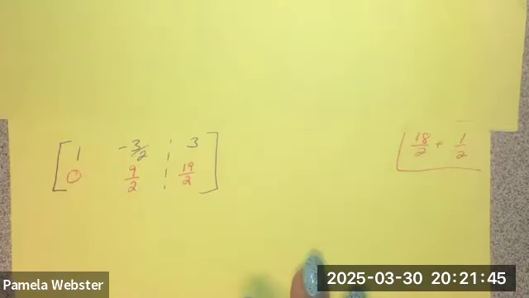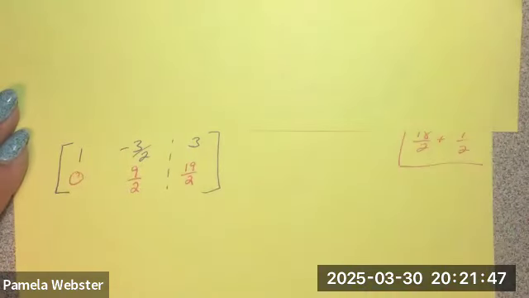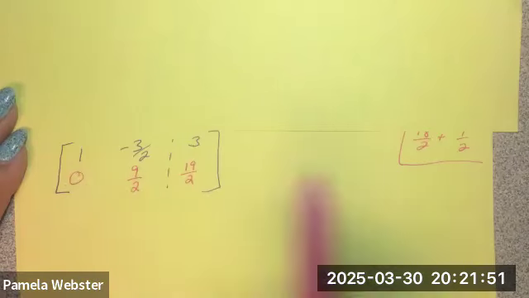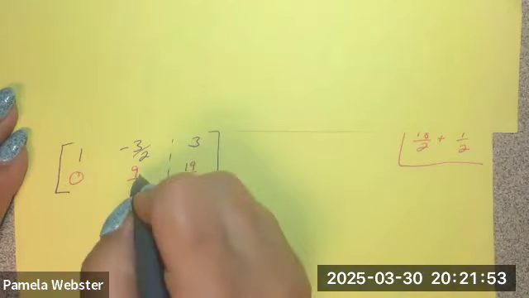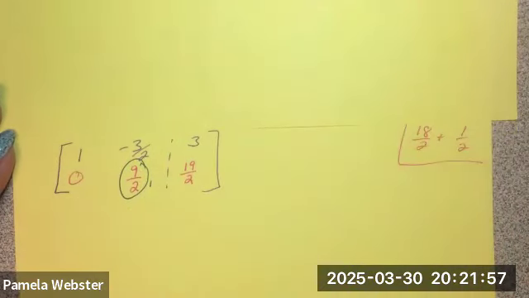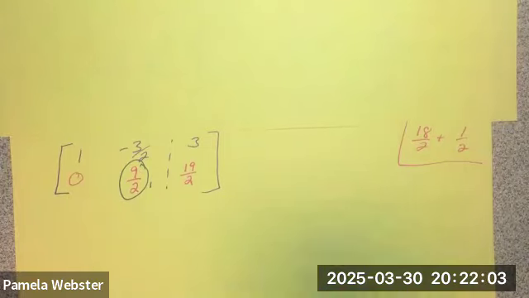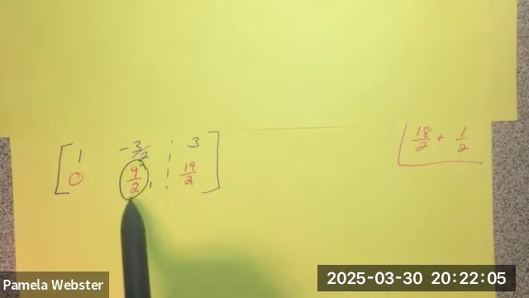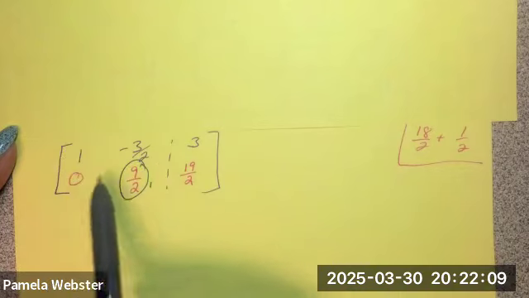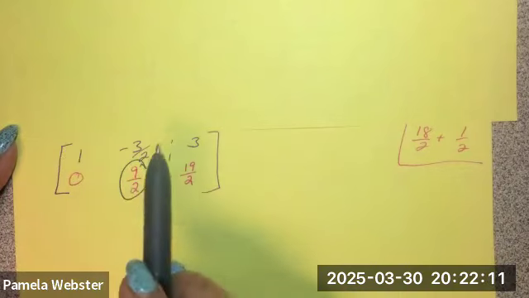All right. So this is the new matrix that I have. I've got the 1, I've got the 0, and I need a 1 right here. This guy needs to be a 1. All right, but he's a 9 halves, so it's actually going to make it nicer when I do this, but it's going to look ugly. What can I do to 9 halves to make him be a 1? I want a 1, a 0, and a 1 here.